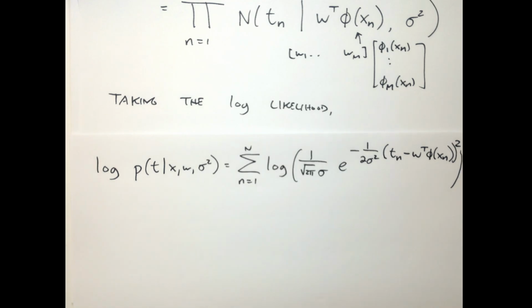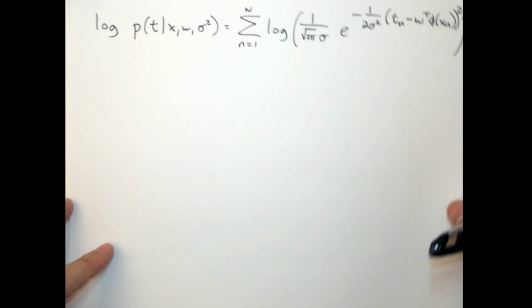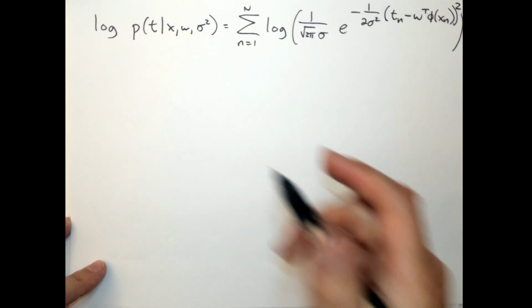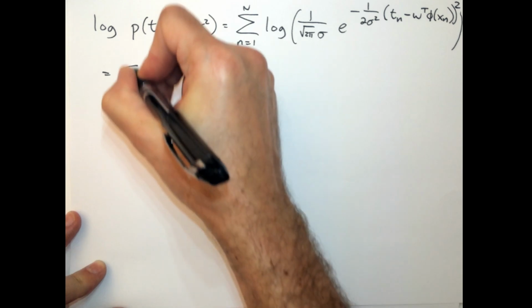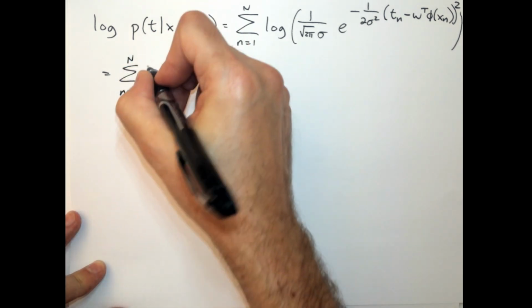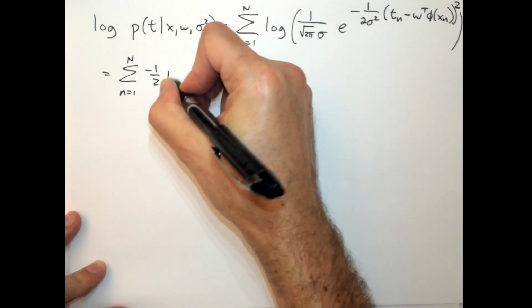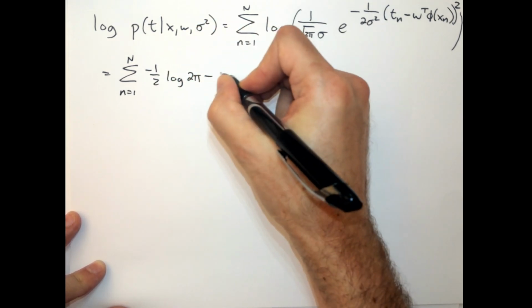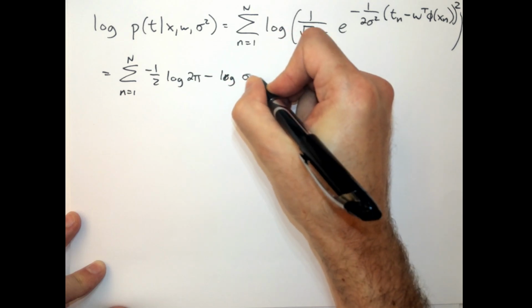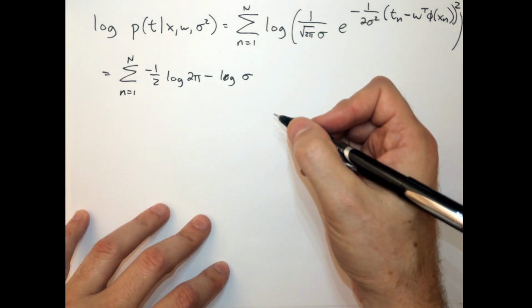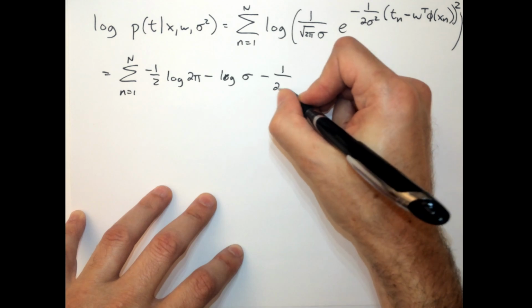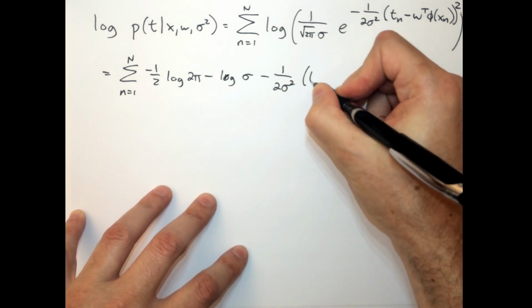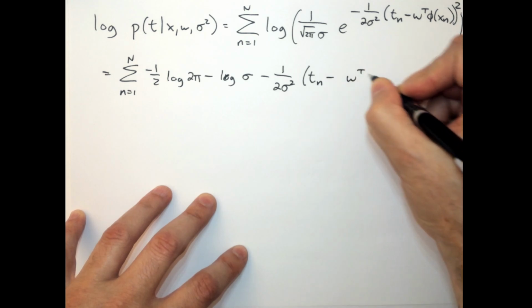And now I can take apart this log with the properties of logs. So now I can say this is equal to the sum. I have a bunch of constant terms that don't really matter, like minus 1/2 log of 2 pi minus log of sigma. And then I've got minus 1 over 2 sigma squared times the target value minus this thing here.